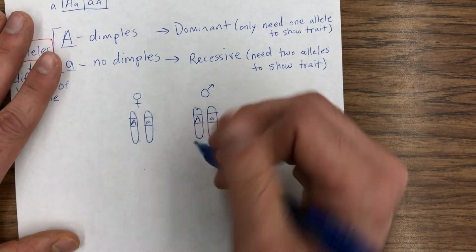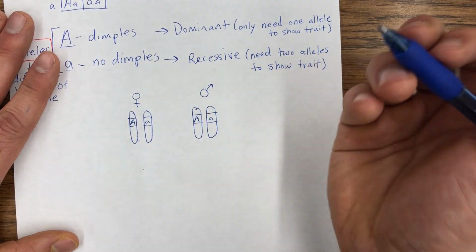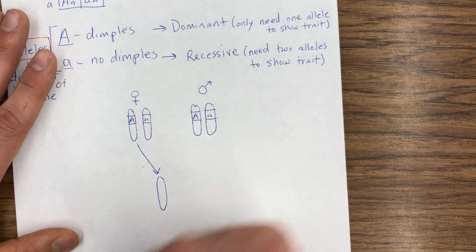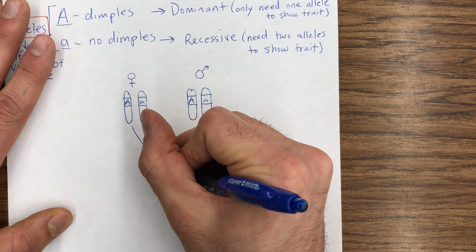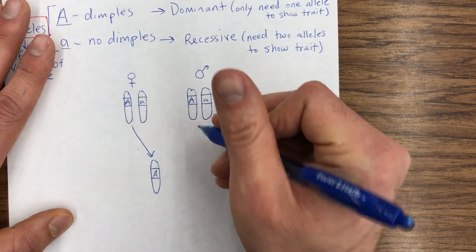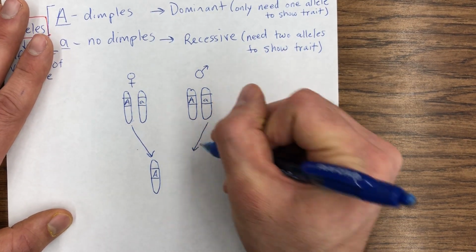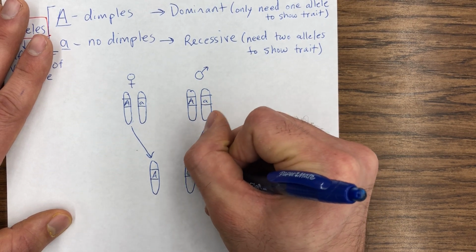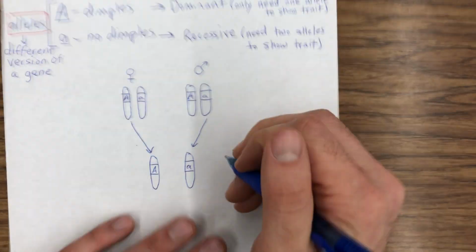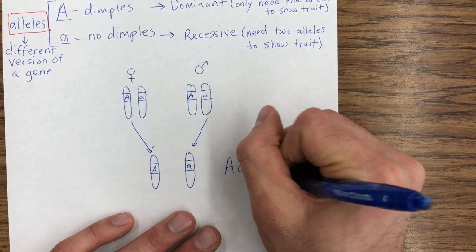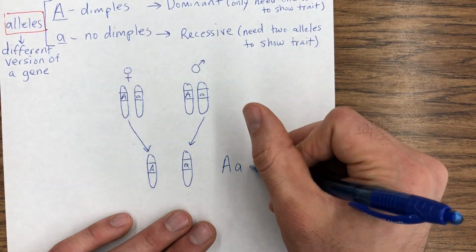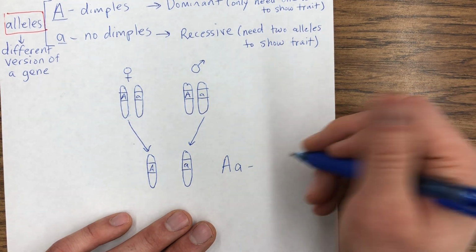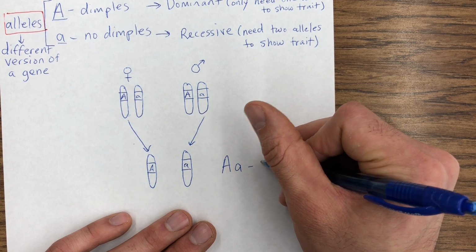So let's just say, it doesn't matter, you get this chromosome from your mom, a capital A, and you get a lowercase a from your dad. So essentially, you have big A, little a. This means, and we'll get into it later, that you are going to, you have a guess? Have dimples.